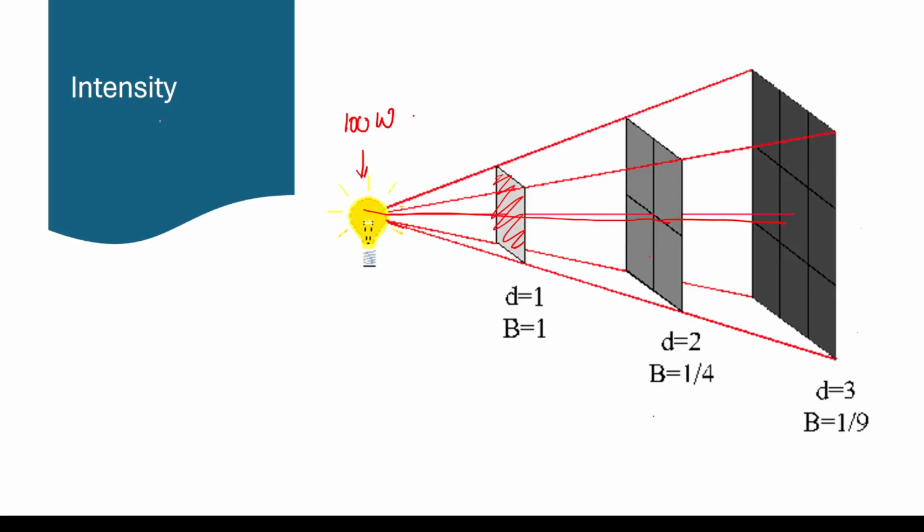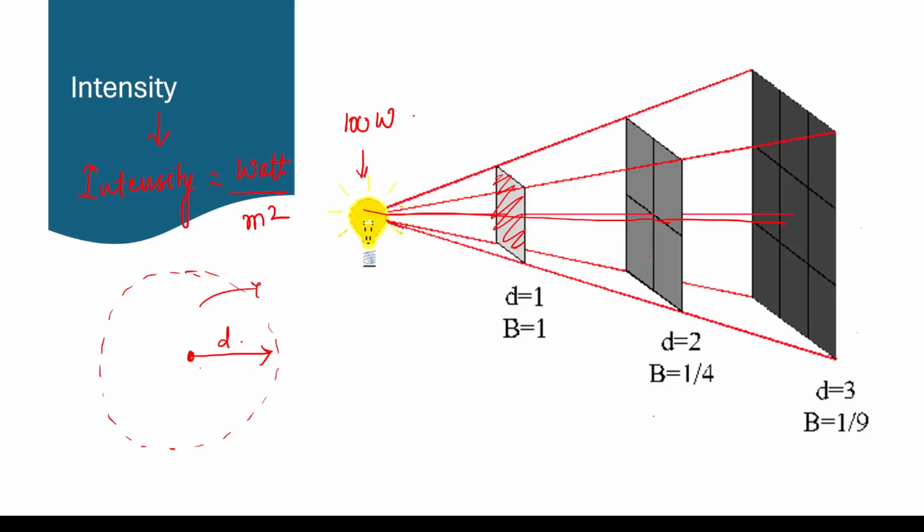So the energy that we are receiving is called intensity, and that depends on the distance from the source of light. We define intensity in units of watts per meter squared. What's happening is, if I draw this bulb here at a distance d, the entire light coming out from the bulb is spread over a sphere of radius d.